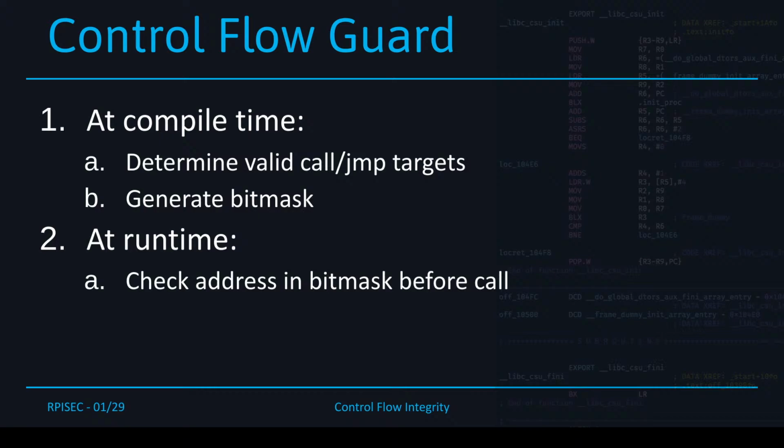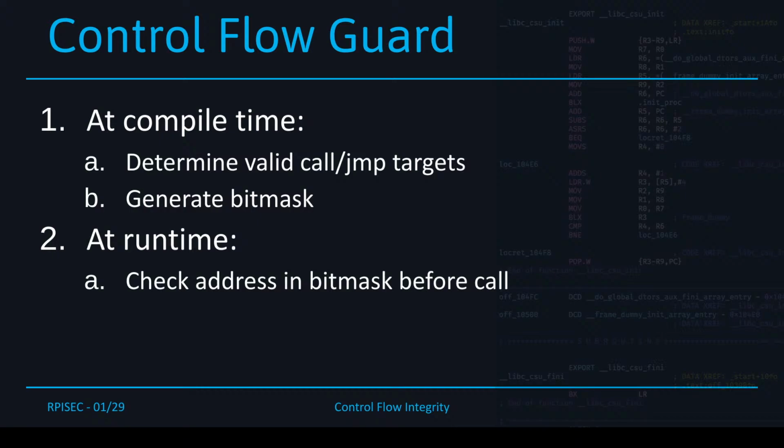Basically, a very high-level overview of how control flow guard works is that when you compile a binary, you're going to scan through it and figure out every possible valid target for a call or a jump instruction. And then you're going to mark those off. You're going to take a little note of those and say, hey, this address is valid. All of the other addresses are invalid.